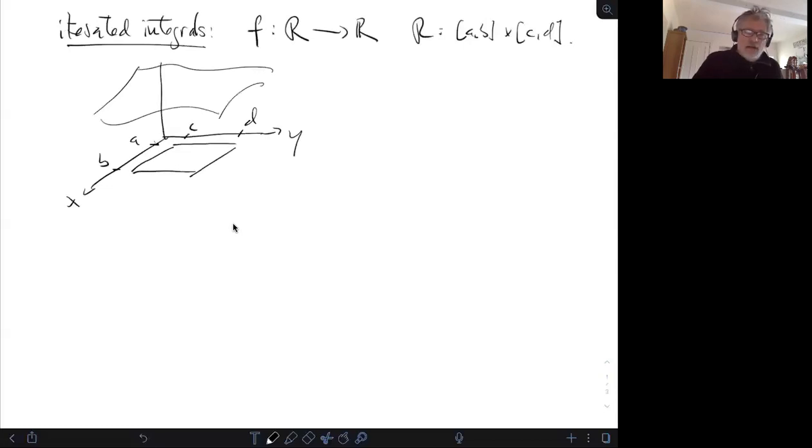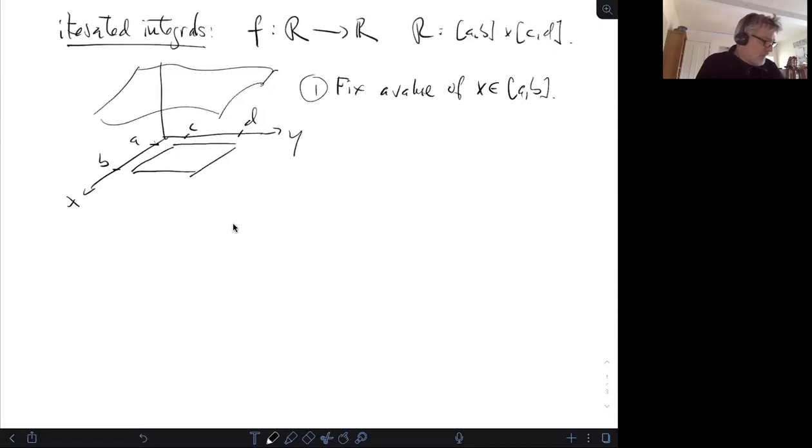Okay, and what I want to do now is to slice, as we did for partial derivatives. We're going to slice up this graph for fixed values of x and y. So let's start by fixing the value of x between a and b.